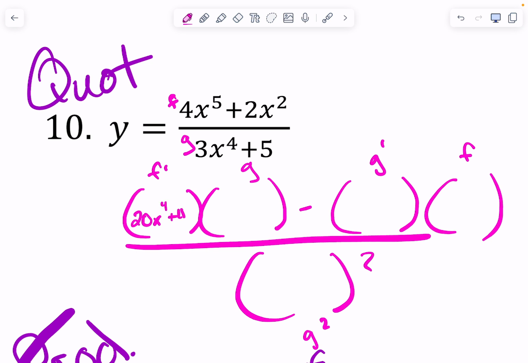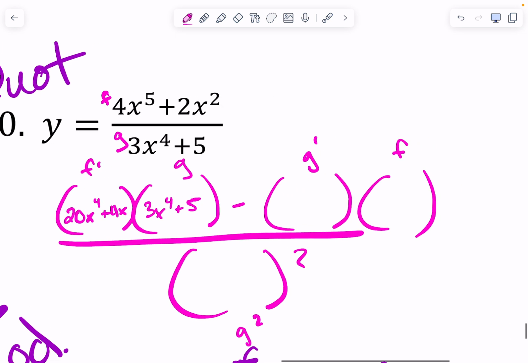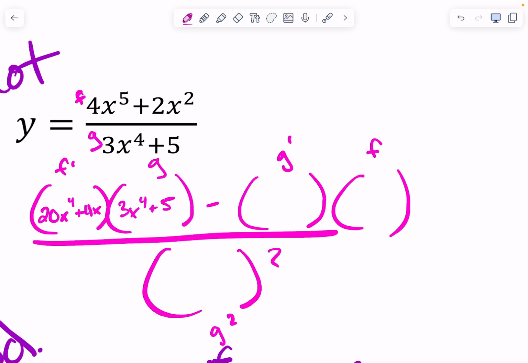I wrote too big. Oh, G prime helps a little bit if that 5 goes away. Not really. Oh, it does a little bit.